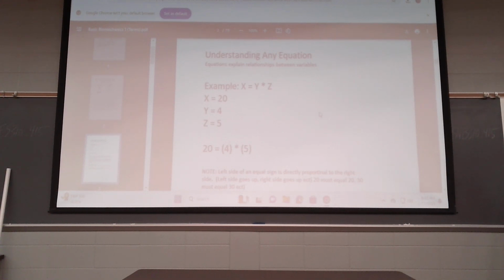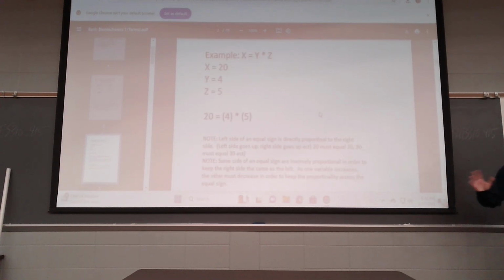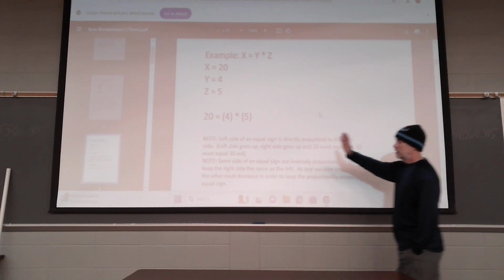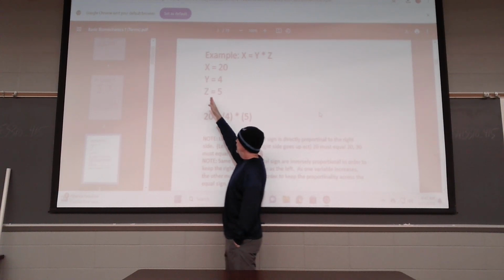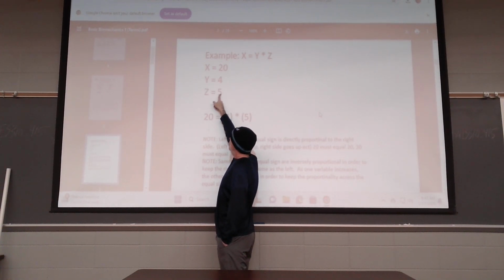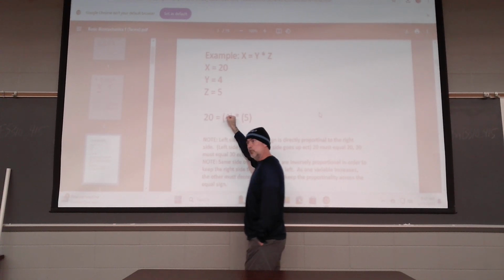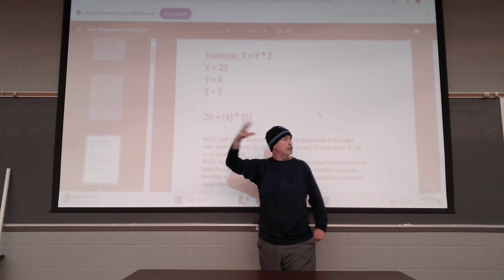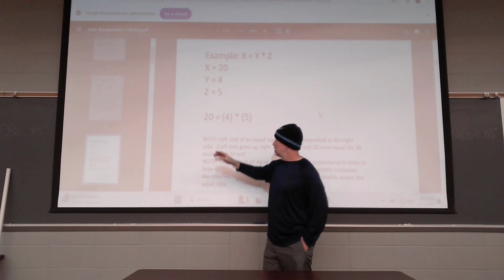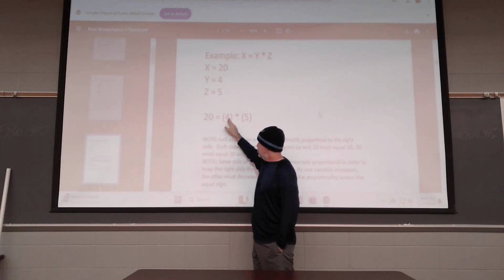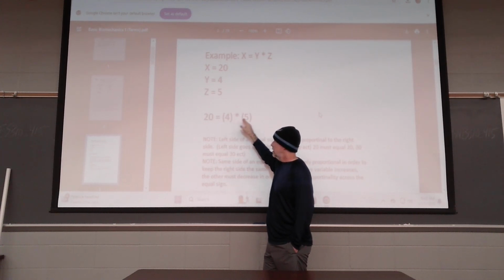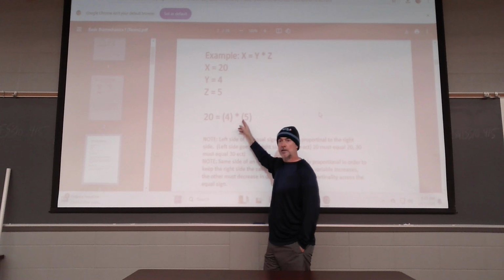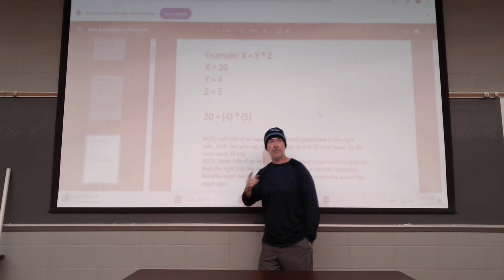So I give an example here, guys, of direct proportionality. With any equation, the left side equals the right side. 20 has to equal 20. 20 can't equal 21. So I could say 20 is 20. I could say 20 is 4 times 5. I could say 20 is 10 times 2. That means the same thing, right?